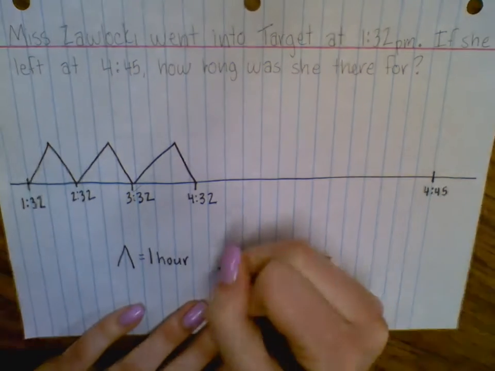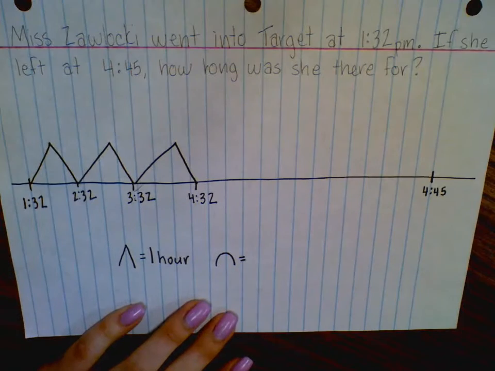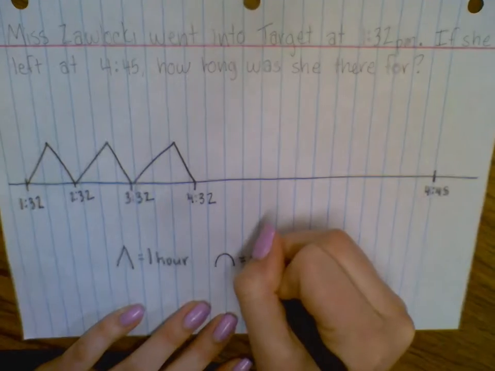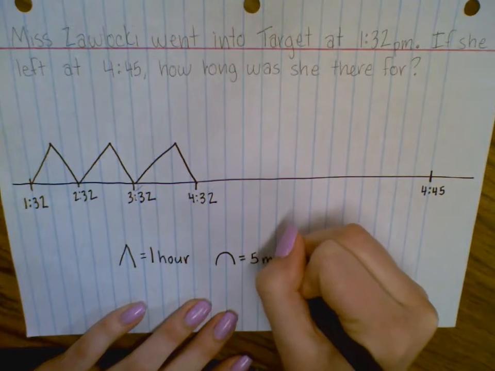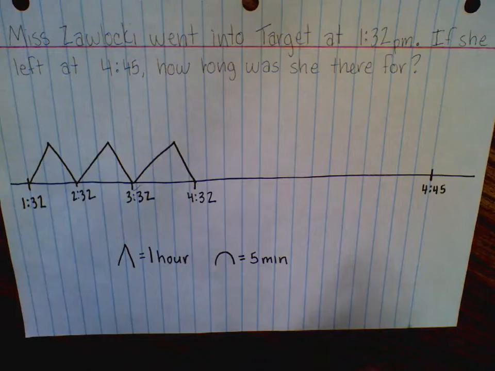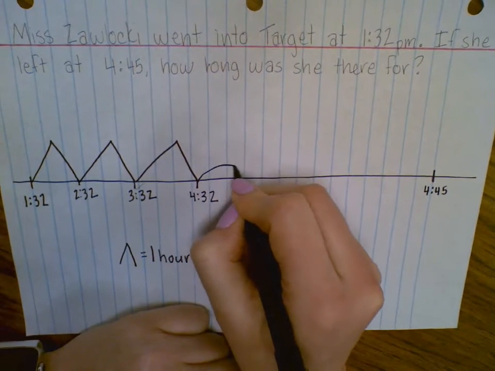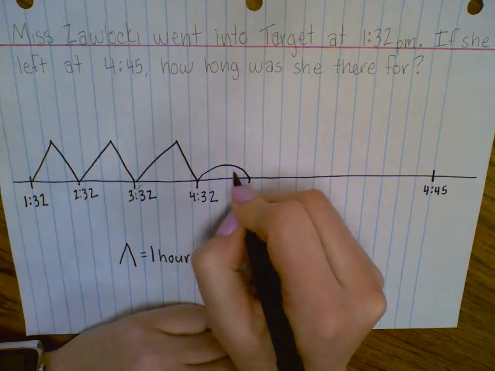So now I'm going to switch to hills. And just a reminder that 1 hill equals 5 minutes. So now there are 2 ways I can do this. I can draw 1 hill and add 5 minutes.